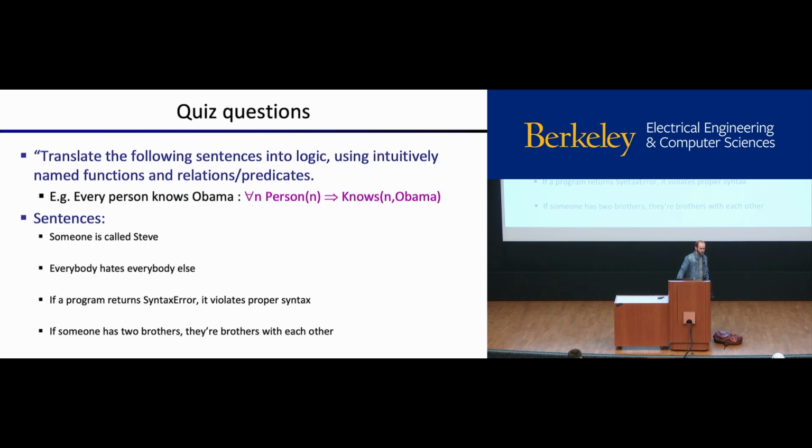Yes, I think that works. I think I've just written there exists an X such that X is called Steve. Another thing I wrote is there exists an X such that person X, that X is a person, and X is named Steve. So I had an and here instead of an implies.